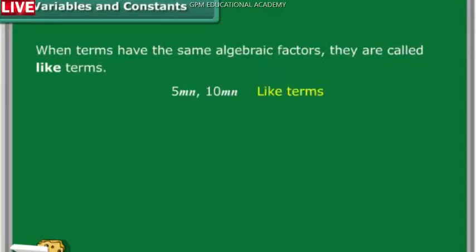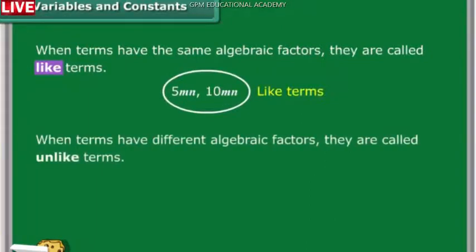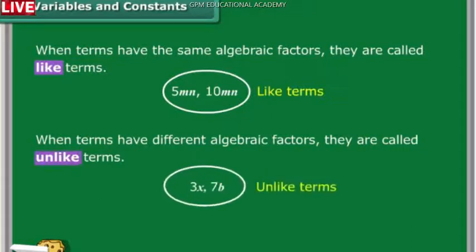Excellent! When terms have the same algebraic factors, they are called like terms, and when terms have different algebraic factors, they are called unlike terms. Let us see an example. We have an expression 4xy minus 5x plus 3xy plus 2. Now, look at the terms 4xy and 3xy.